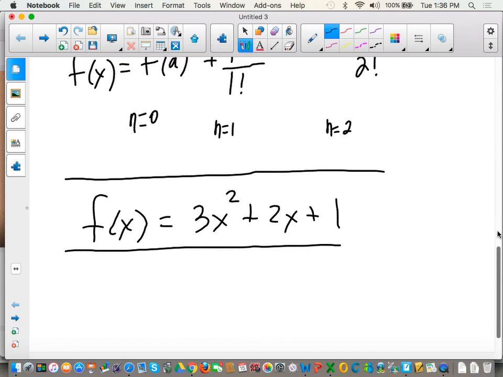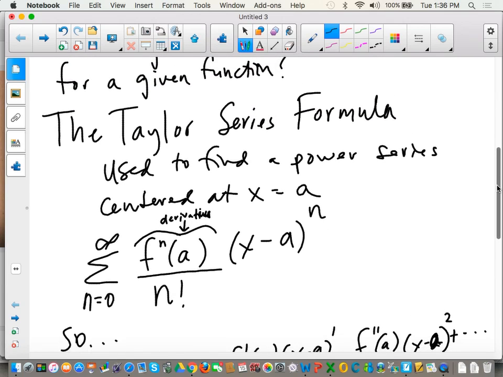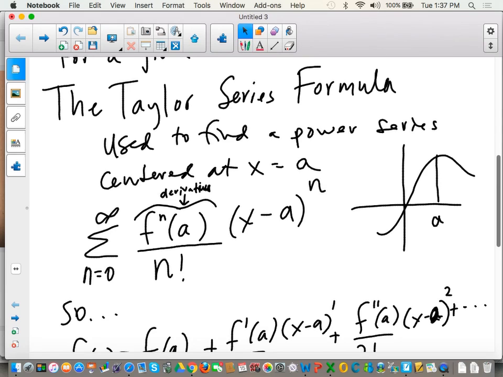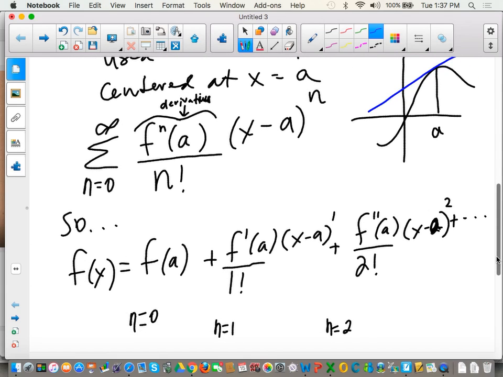The theory behind this, just to give you an idea of what's going on: we've been doing tangent lines all along. If we're centered at a, find the equation of the tangent line, and use that to approximate the function. That's a pretty good approximation if you're close to this point. The farther you get away, the worse it gets. If you stop at the exponent of 1, that's the equation of the tangent line.